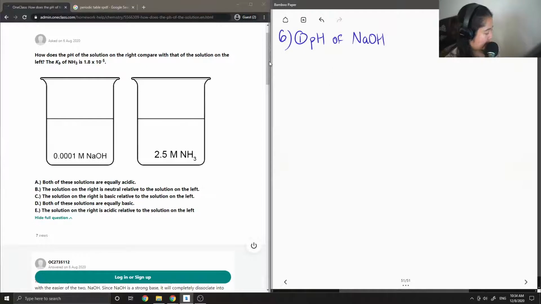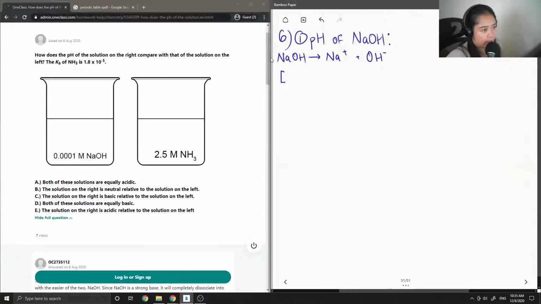The pH of NaOH. If we were to write down the dissociation of NaOH into its ions, it completely dissociates to Na plus and OH minus, and everything is at a 1-to-1 ratio.